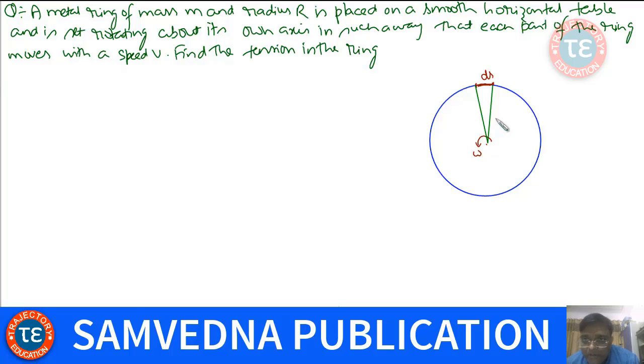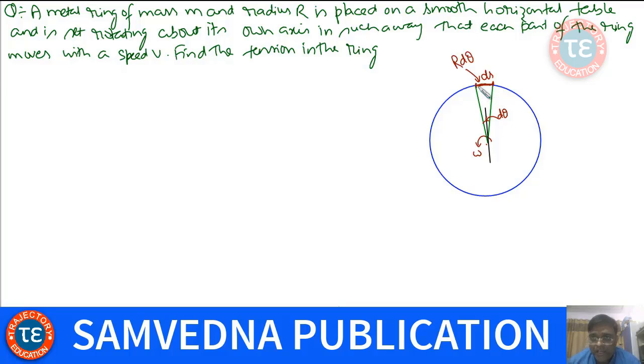This is the element of the ring, and let's call its angle d theta. So the length of this element will be r d theta.